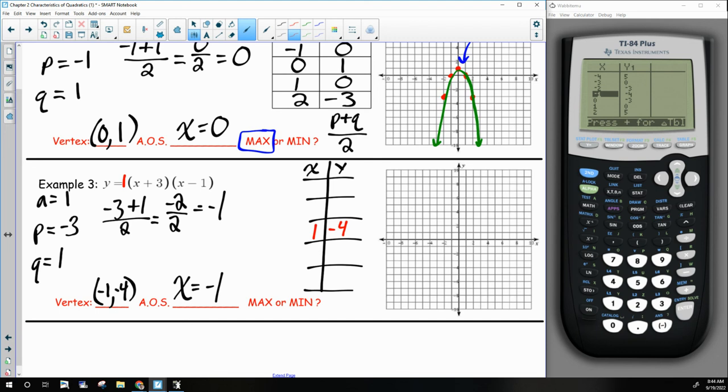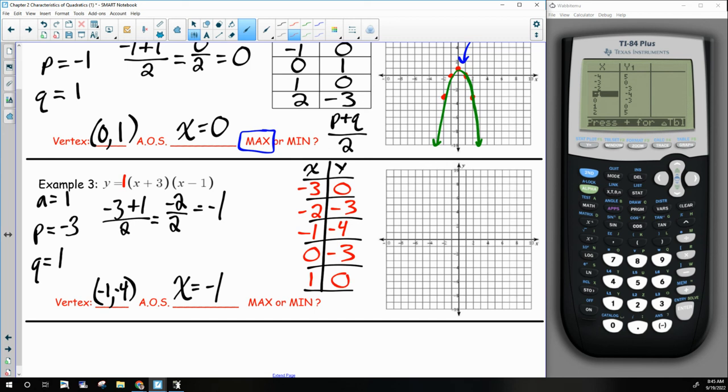Copy down your table. -2, -3. I just forgot to write my negative. -2, -3. -3, 0. Same underneath. 0, -3. And 1, 0. Beautiful.